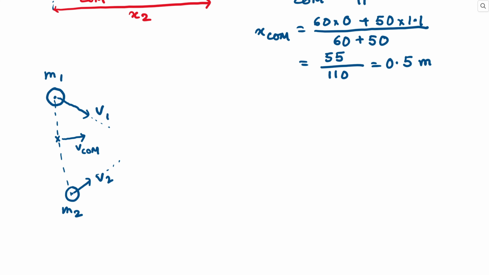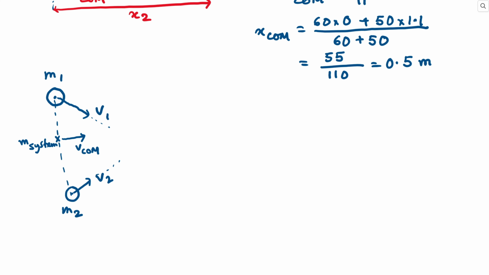Now we know the center of mass is a point where we can imagine all of the mass of this entire system is concentrated. So this point, the center of mass, can be considered as a mass where the mass of the entire system is concentrated. It's a point mass with the total mass of the system.